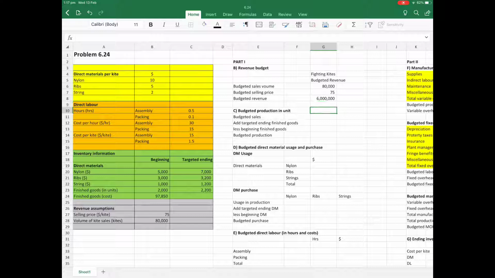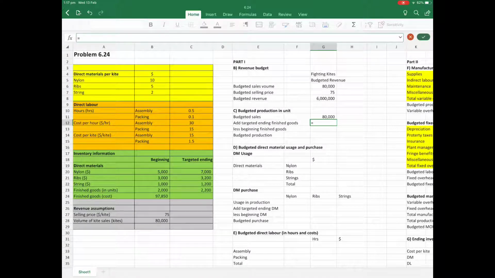Okay, now go to the budgeted production in units. We start with the budgeted sales, how many kites we want to sell during the period, which is 80,000. So again, come back to the original box to get that. And then we add the targeted ending finished goods. We look at the green box and then the finished goods in units.